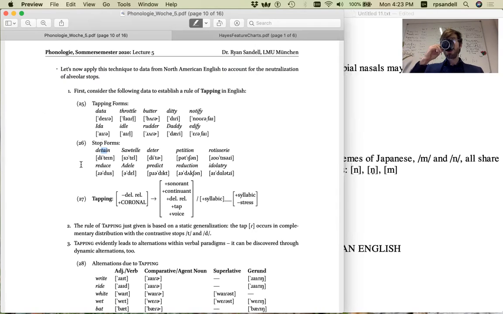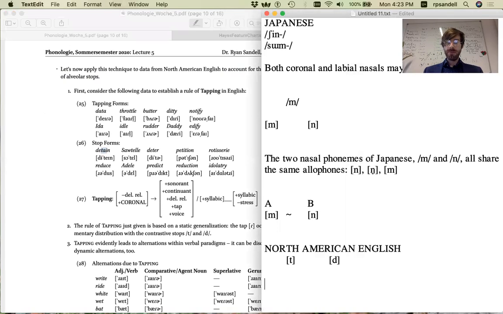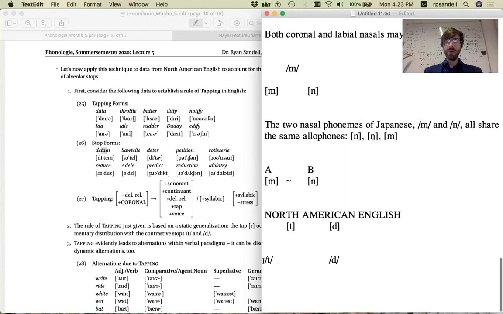So what we can see then, and what we'll assume here, is that there are alveolar stop phonemes, ta and da, in English, and clearly the stop is one of the possible allophones. But it seems to be the case that both stops have this tap as a possible allophone.